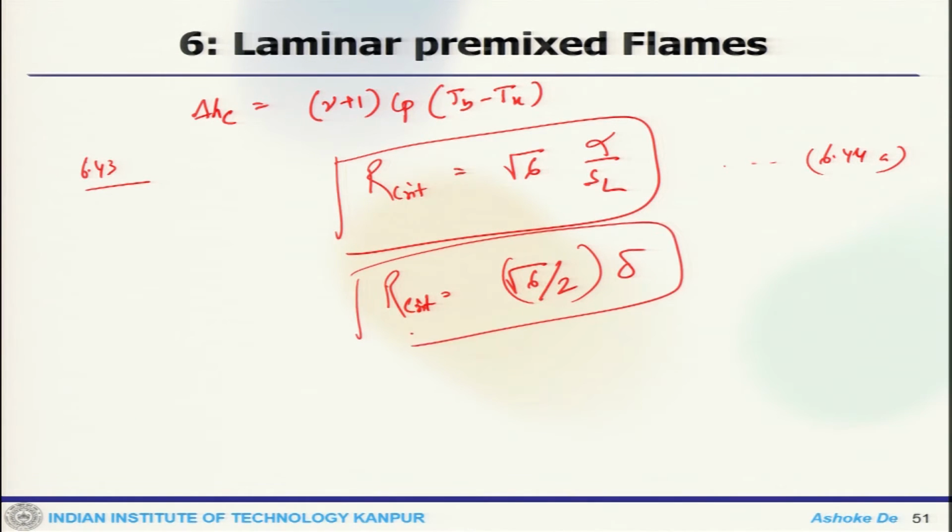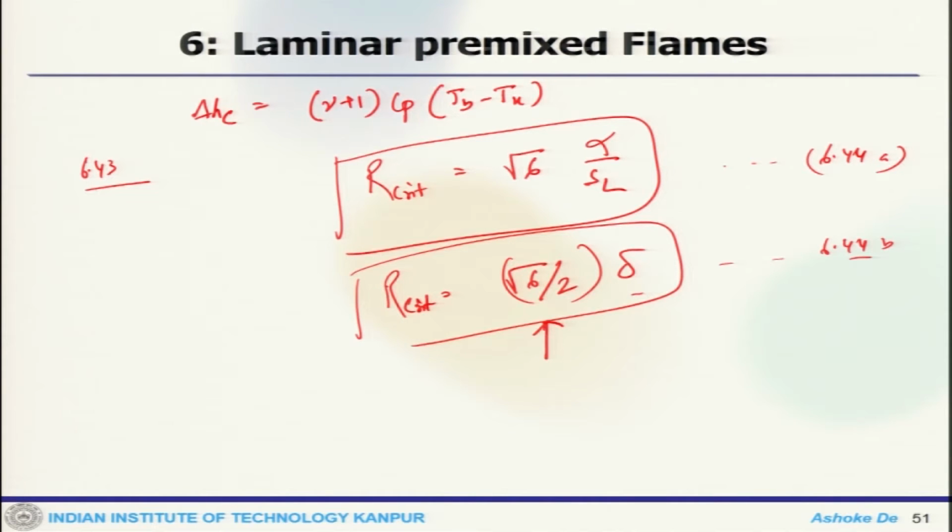So, that is another way to represent the whole thing. Now, one can note here that this factor root 6 by 2 is just an order of magnitude and should not be taken as a precise constant. Therefore, the critical radius is a few times larger than the flame thickness.